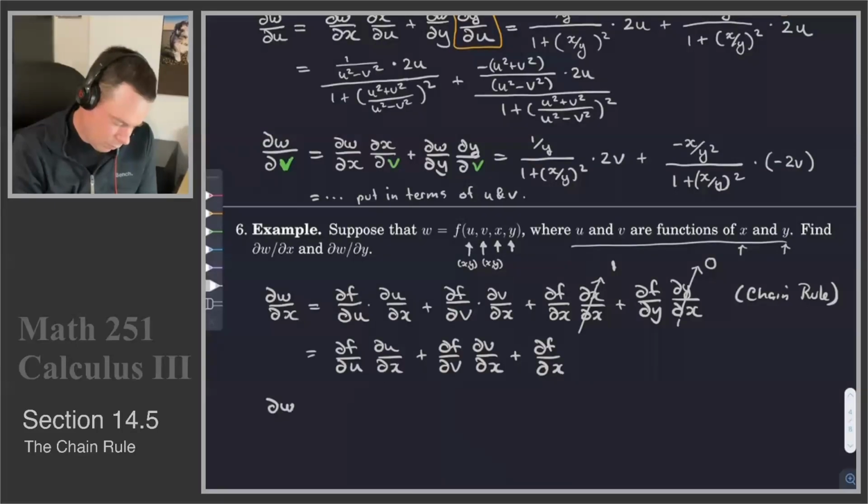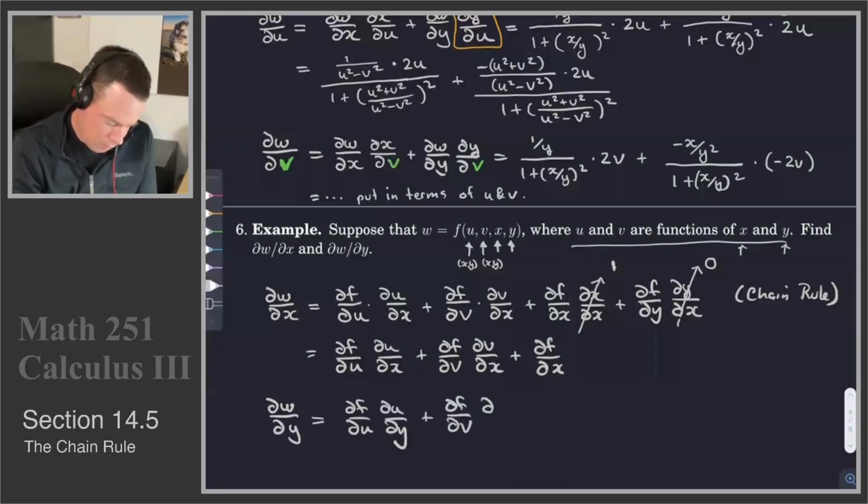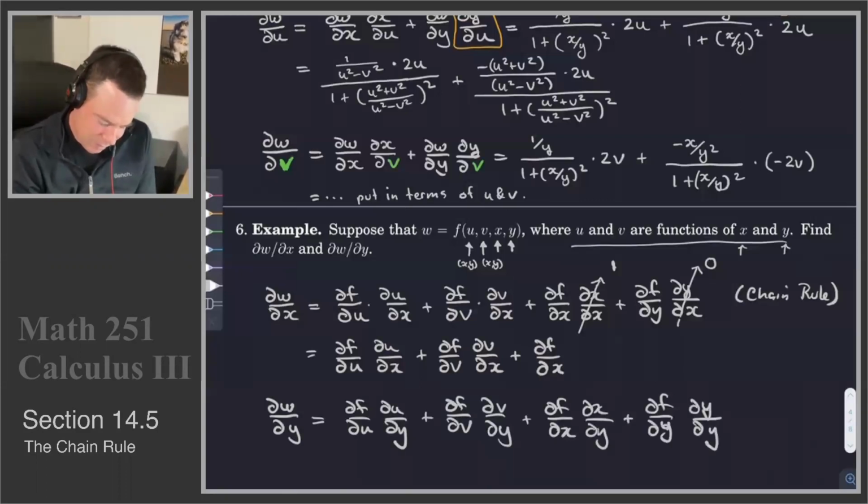We can do the same thing for the other partial, dw/dy. So that's going to be df/du du/dy, plus df/dv dv/dy, plus df/dx dx/dy, plus df/dy dy/dy.